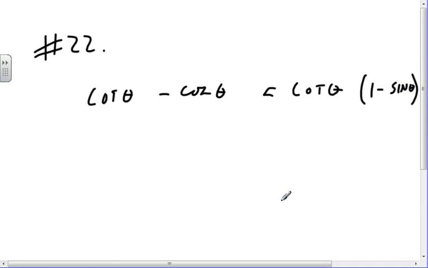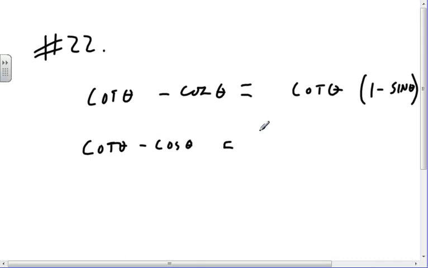That's what it's supposed to be. It doesn't matter which side we keep and which side we manipulate. So we're gonna keep this side, cotangent theta minus cosine theta.